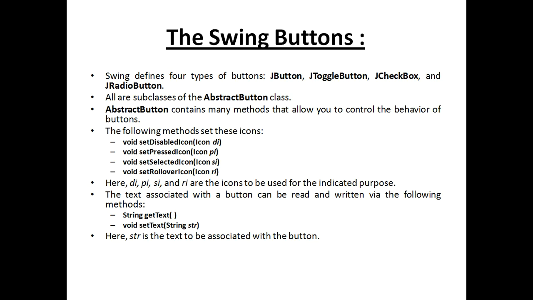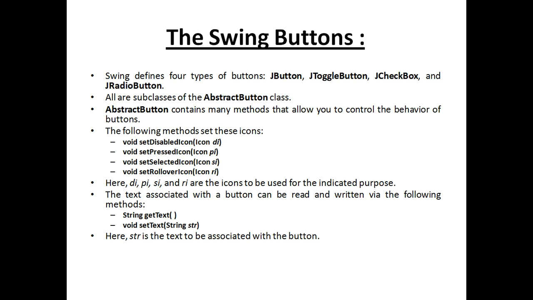The text associated with a button can be read and written by the following methods. You can make use of getText and setText, where getText will return exactly the text you have written for that, and setText allows you to set the string message for that button.